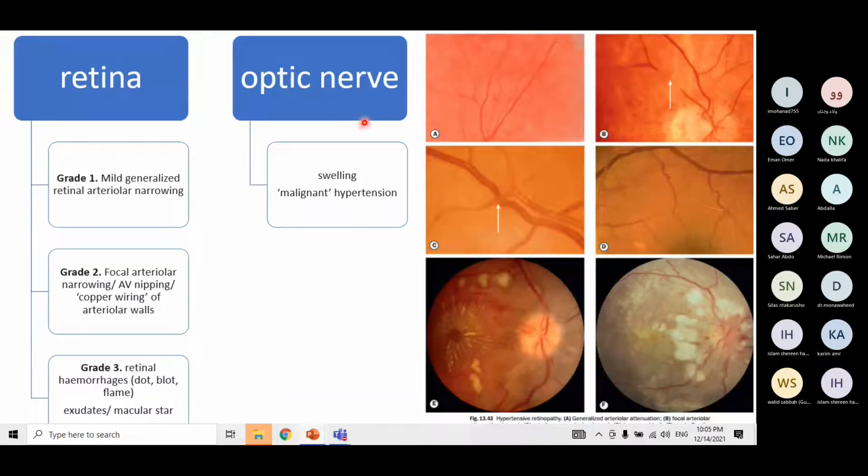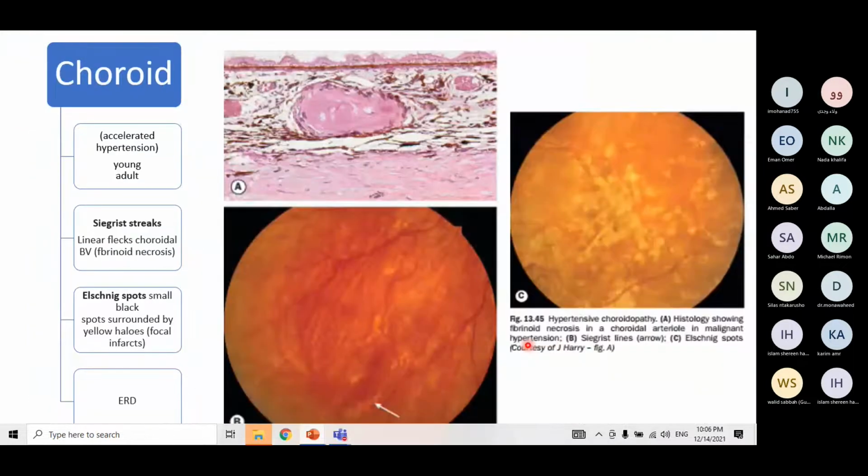Optic nerve change usually occurs in very accelerated hypertension or malignant hypertension. If you find disc edema, this indicates that the patient is having a very sharp rise of the arterial blood pressure. The choroidal changes include what we call the fibrinoid necrosis.